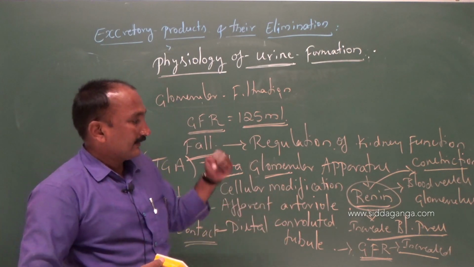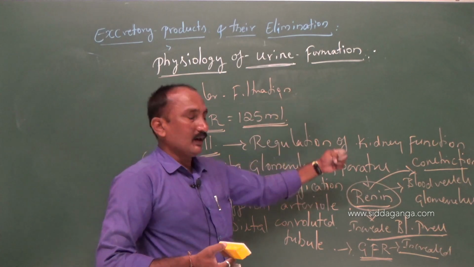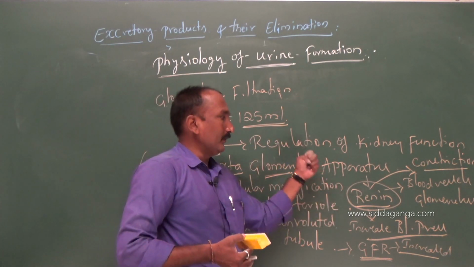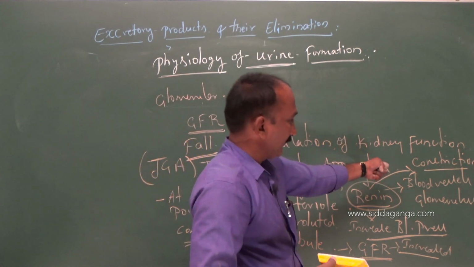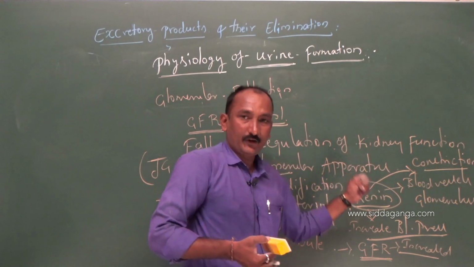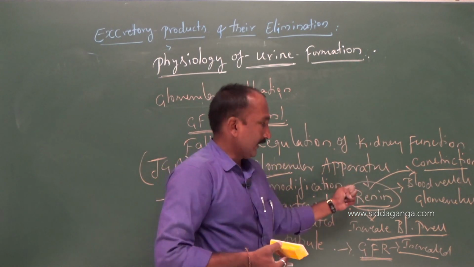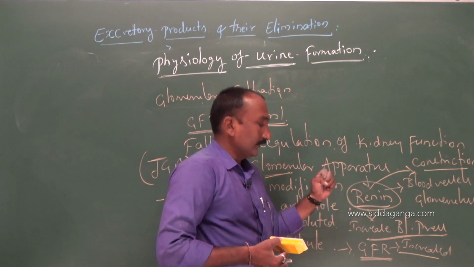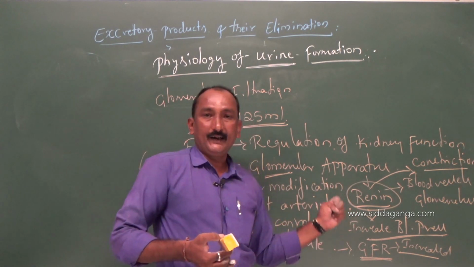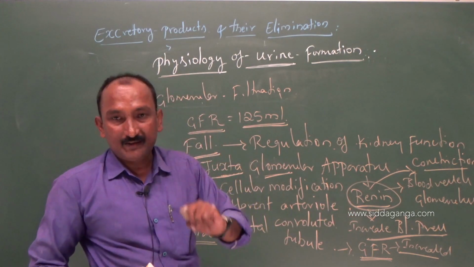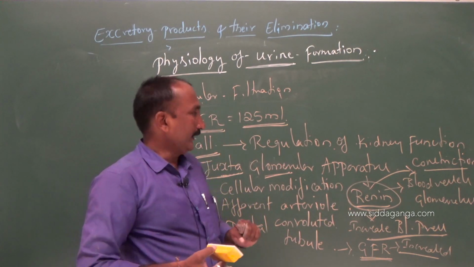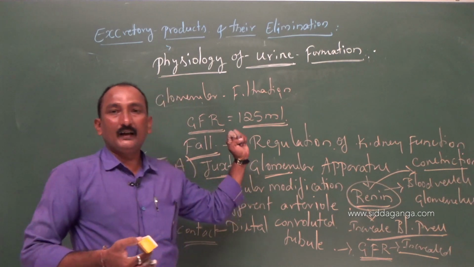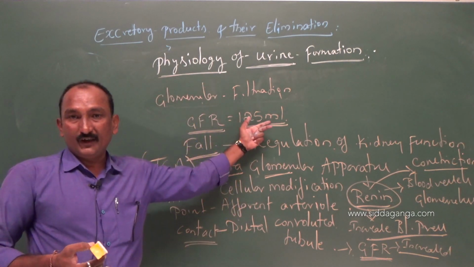As a result of the action of renin on blood vessels, causing constriction, the blood pressure and the glomerular filtration rate come back to the original state whenever the GFR falls.